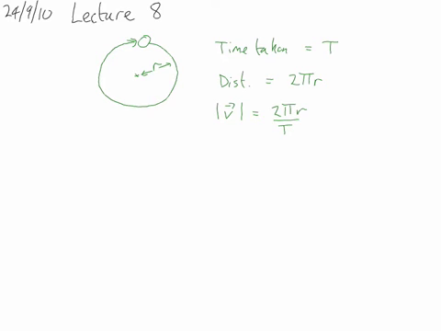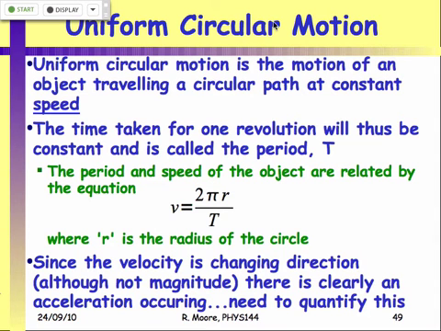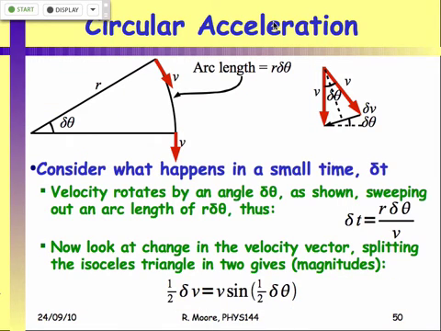So that's the relationship between the speed of the object and the period of the motion, T. And of course, you can rearrange that to calculate the period of the motion in terms of the speed, where r is the radius of the circle. Okay, so that's how we relate the speed and the time it takes for one revolution.